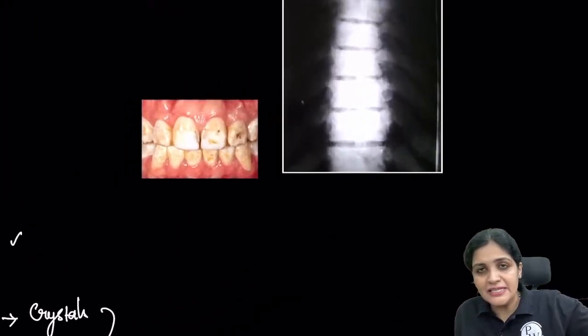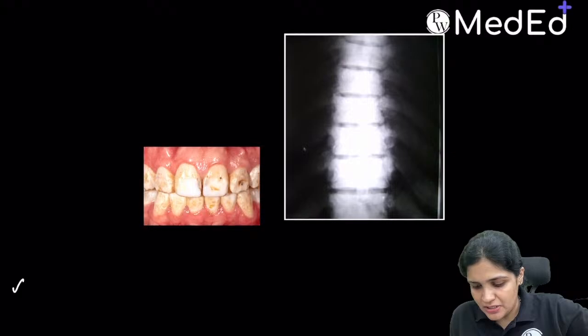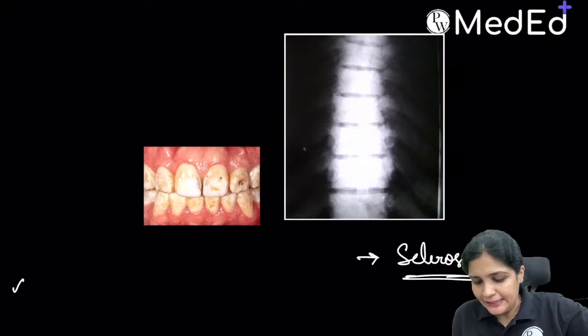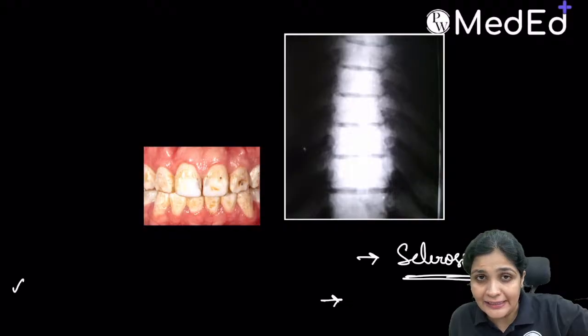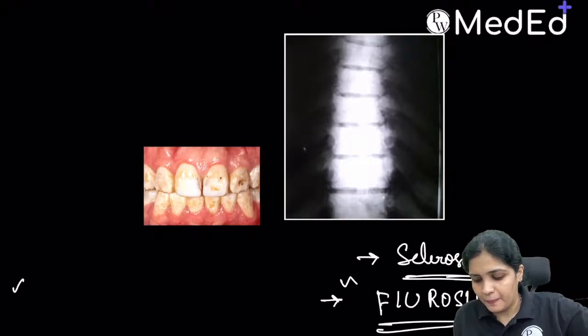And finally, what is this? Complete sclerosis. And usually we see in the teeth, yellowish discoloration of the teeth. This is fluorosis. Fluorosis. Yes, fluorosis. What is fluorosis?